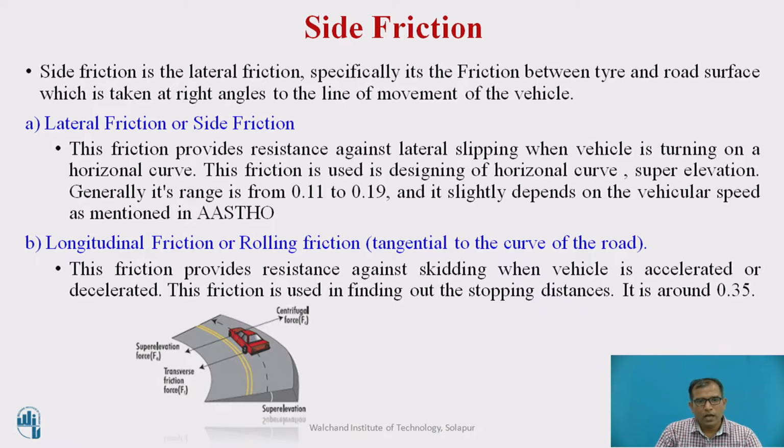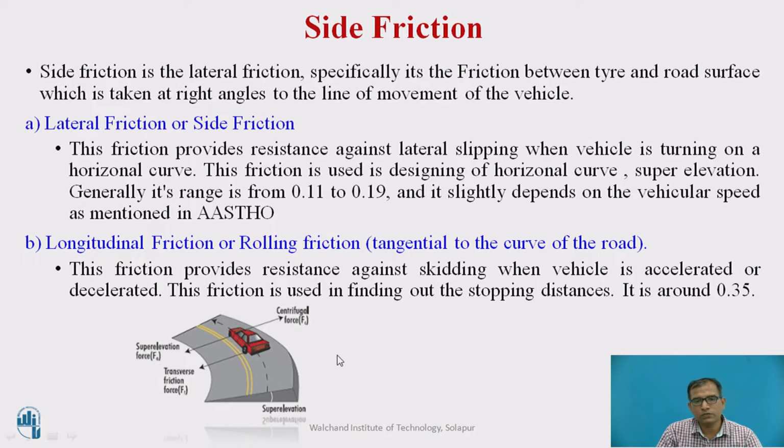Another one is longitudinal friction. When the vehicle is moving in this direction, we have the longitudinal friction, also called rolling friction. It is tangential to the curve of the road. This friction provides resistance against skidding when the vehicle applies the brake, and it tries to help the vehicle stop in a shorter distance, whether the vehicle is accelerated or decelerated.